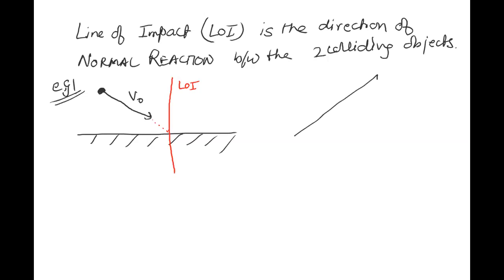Example number 2. Particle is moving with velocity v naught, collides with the wedge. Where is the line of impact? So this will collide here. This must be the line of impact.